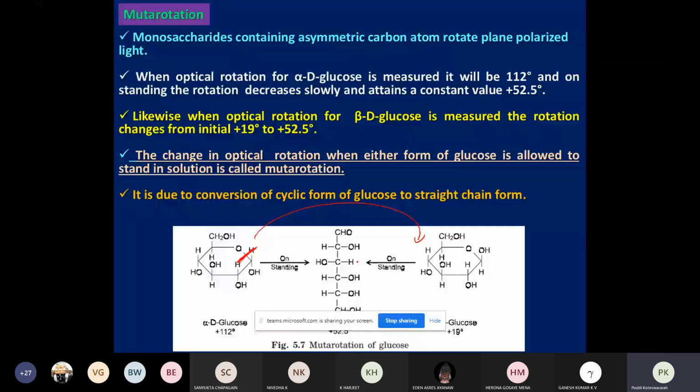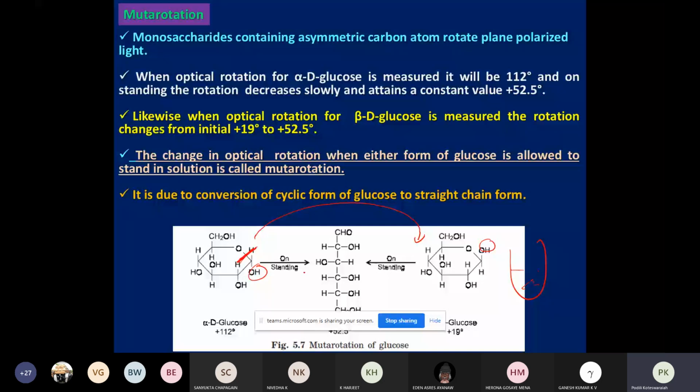You can see here alpha D-glucose and beta D-glucose, and these three forms are present in the solution. So conversion of one anomer to another anomer through the open chain form is known as mutarotation.